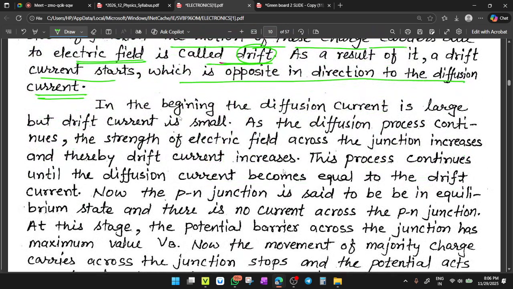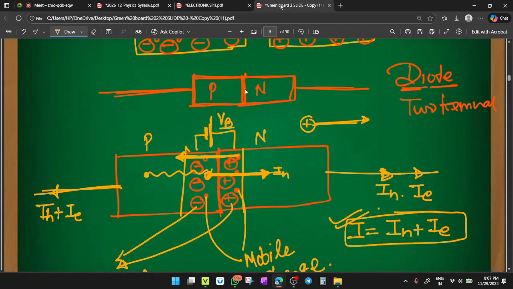In the beginning of the diffusion, the diffusion current is large, but the drift current is small. As the diffusion process continues, the strength of the electric field across the junction increases. When you just join the layers, particles will diffuse at very high speed, so at that time the diffusion current will be more.